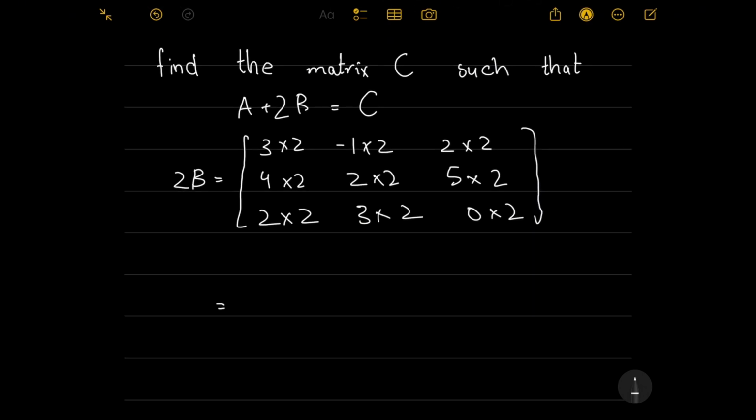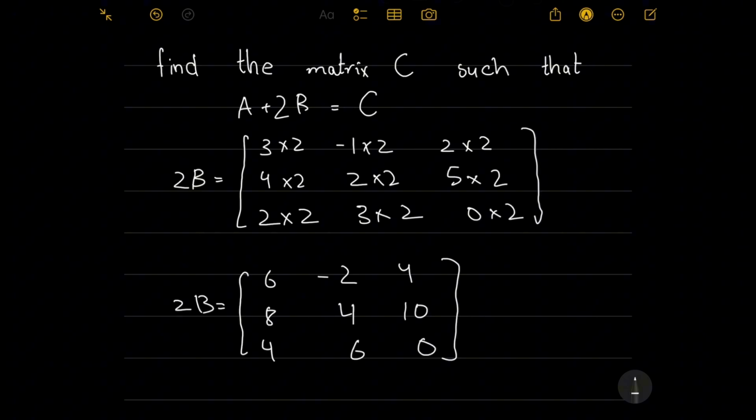So this would become 6, and minus 2, then 4, then 8, then 4, 10, 4, 6, and 0. So this is our value for 2B. So 2B is this matrix.